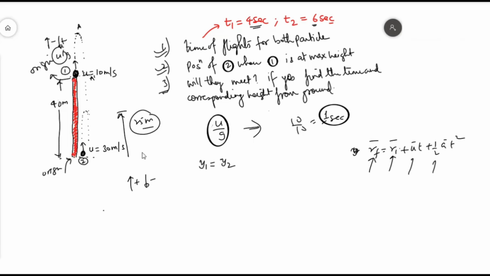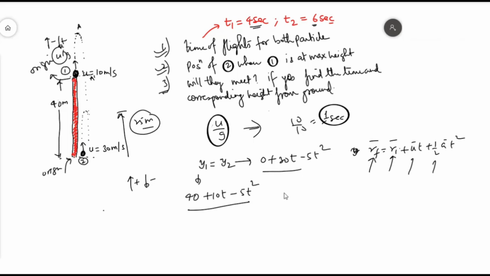For particle 1 I'm going to write y1, the final position of particle 1, so it's going to be 40 plus 10t minus 5t square. I'm taking g is equal to 10. Similarly for y2, since initially Ri is 0, it's going to be 0 plus 30t minus 5t square, and this value has to be equal to this value.